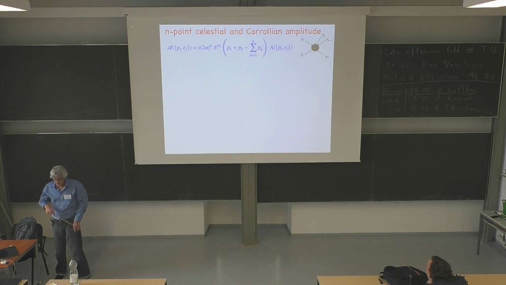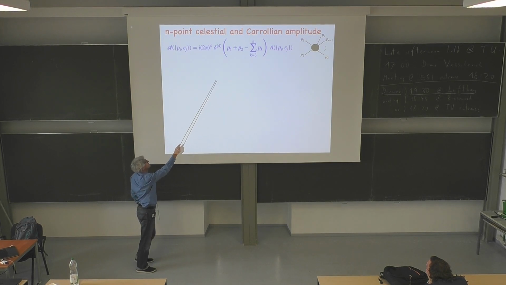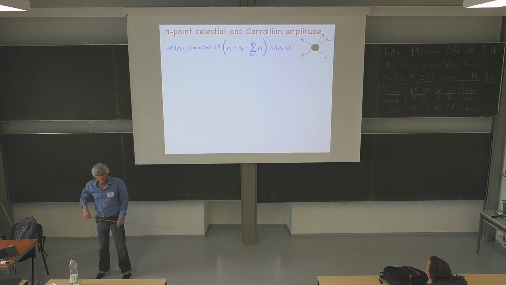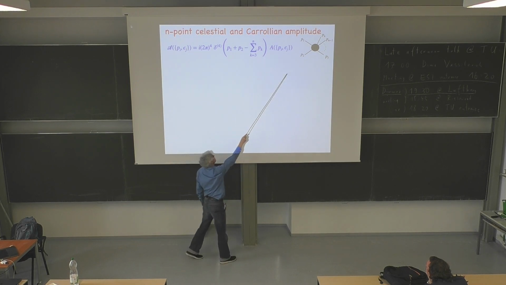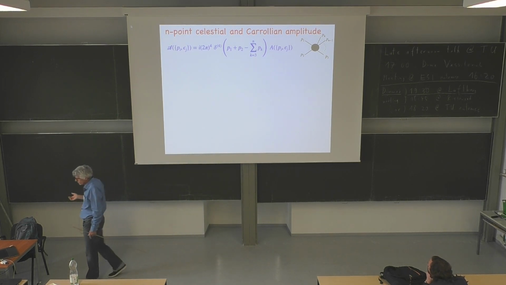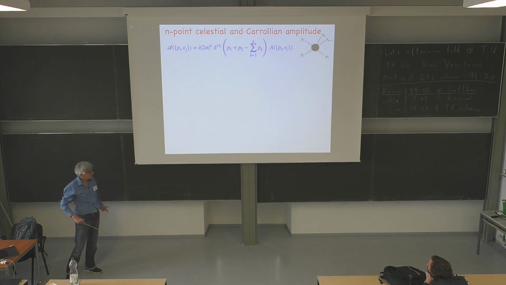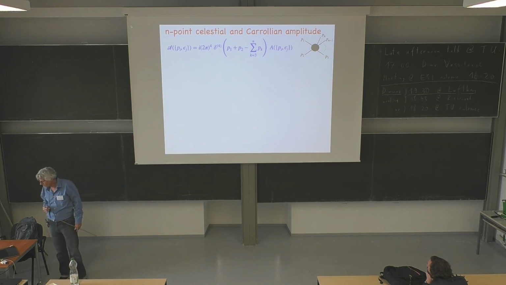And any amplitude, of course, this is a triviality, assumes this form: you have this delta function ensuring momentum conservation times some function which depends on these external momenta, and of course there might be polarizations, which for spin 1 particles if you scatter gluons, or spin 2 for gravitons, or anything else. And these are the objects we want to study in 2 dimensions on the celestial sphere and on the 3-dimensional Carrollian geometry.